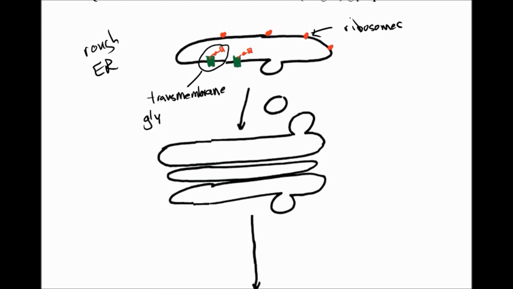It has carbohydrate additions, that's the glyco, and it is a protein. It is immature, so like the soluble glycoprotein, it is going to have to go through modifications of its carbohydrates.